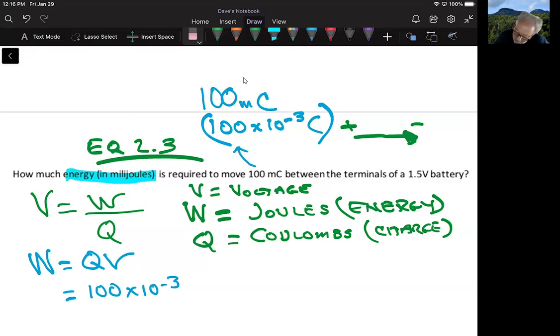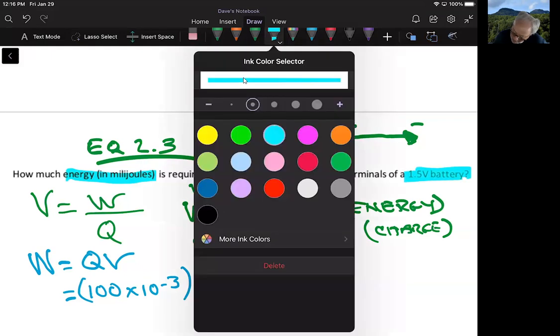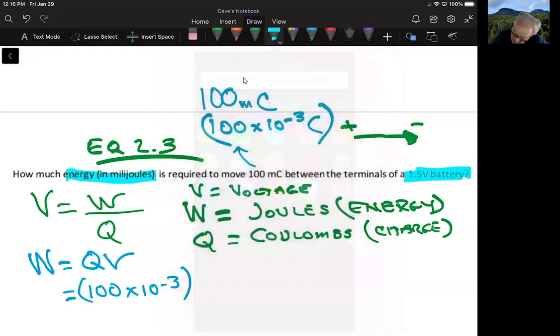And so once I get to that point, it says the voltage that I have available is 1.5 volts. So I put that in, just 1.5.